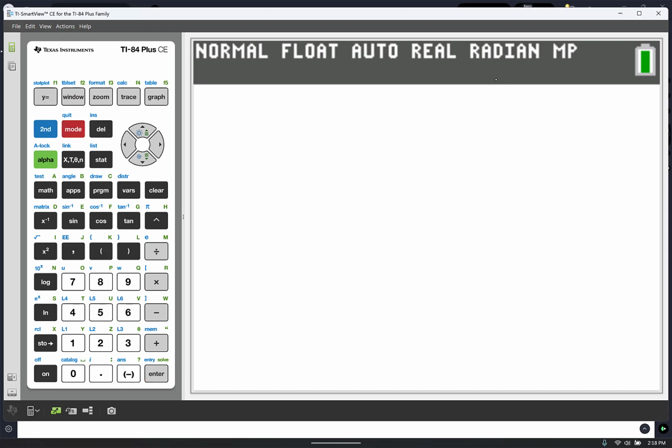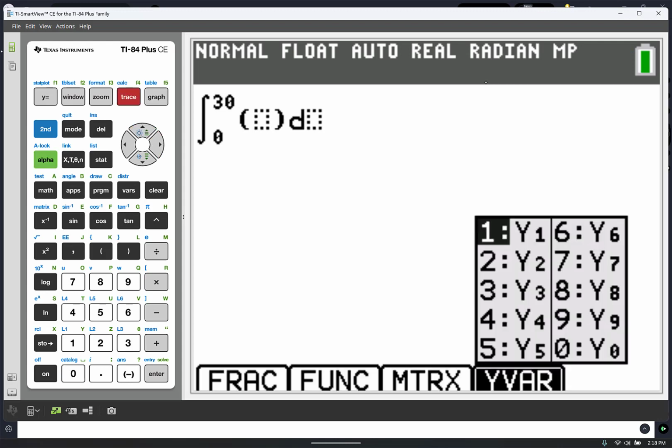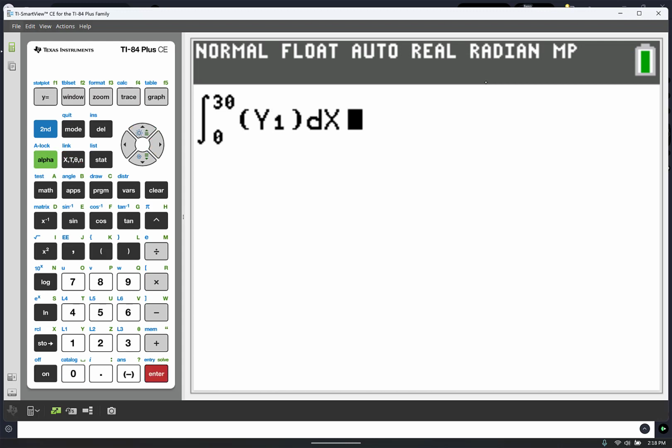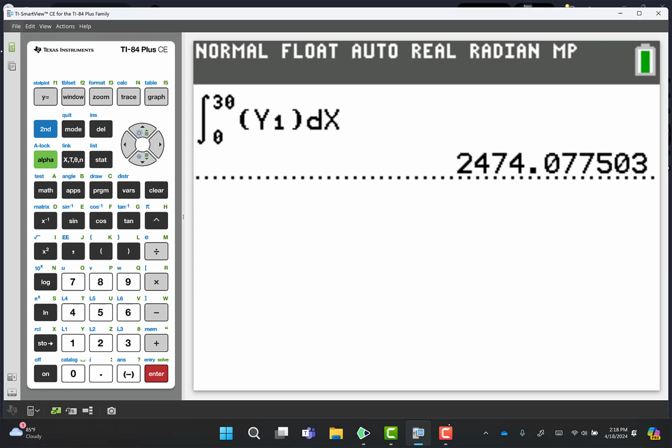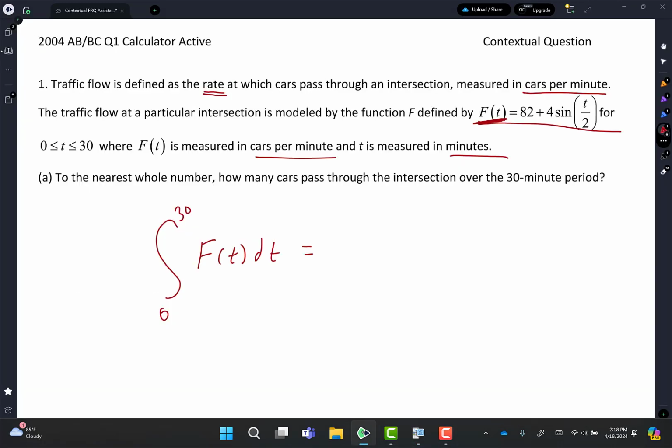You're always in radians. Math, number 9, 0 to 30 of alpha trace y1. I put an x and I push enter. And I got that. So let me write that number down, 2474.078. I like to write this part like this.